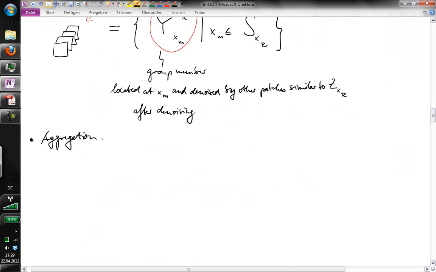Let me try and say it in words. Each pixel in my noisy image has probably been a member of several different groups.